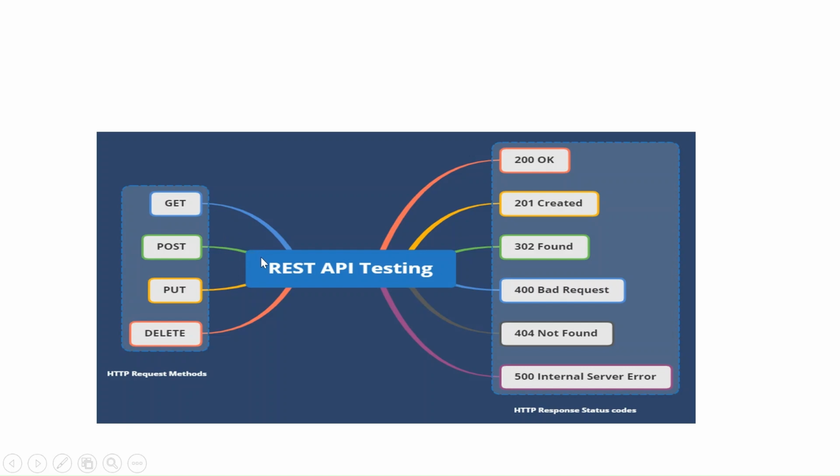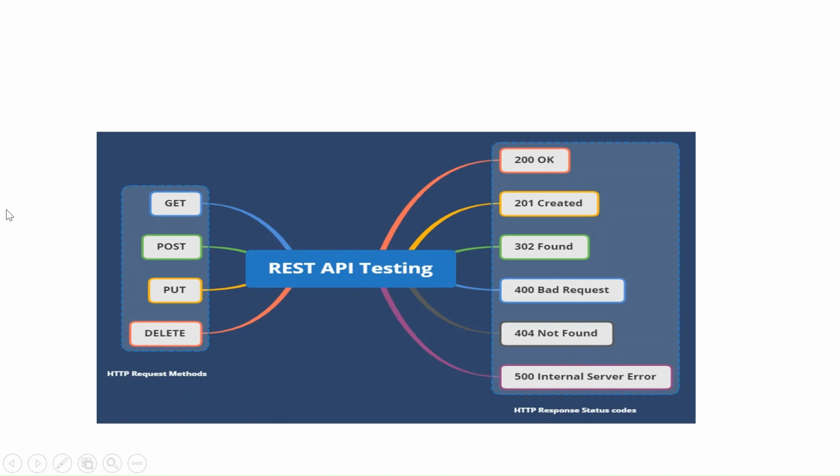If you hit all these four methods on the server, we see how it responds and what different results or status codes come back. 200 OK, 201 Created, 302 Found, 400 Bad Request, 404 Not Found, or 500 Internal Server Error.